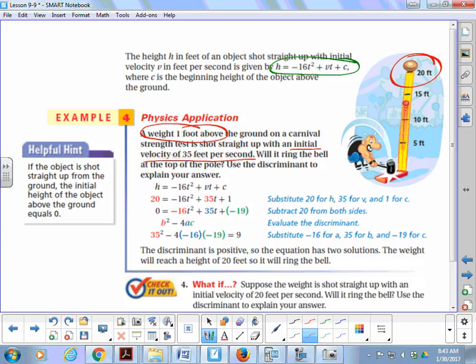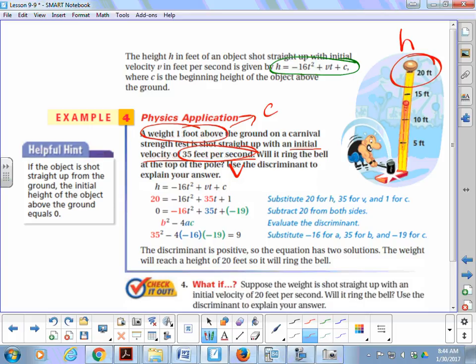So this is c, the initial height above the ground. This is v, our initial velocity. And we're trying to find h, which is: is it going to get to 20 feet? Right? So is Michael going to ring the bell when he goes and plays that game at the fair?